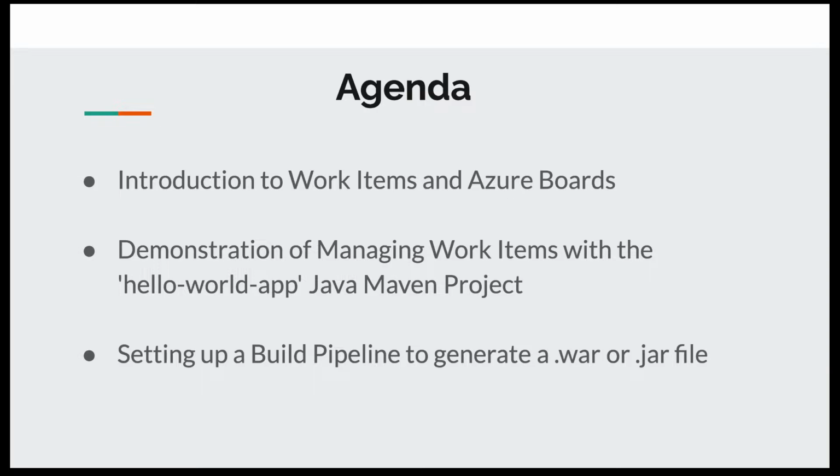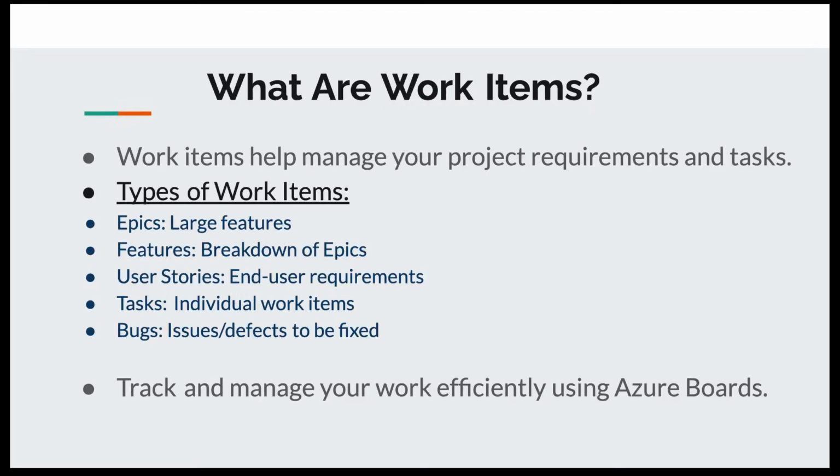Then we will see setting up a build pipeline to generate a .war or .jar file for our project. If you have any doubt or query, you can ask me in the comment section. So let's dive right in.